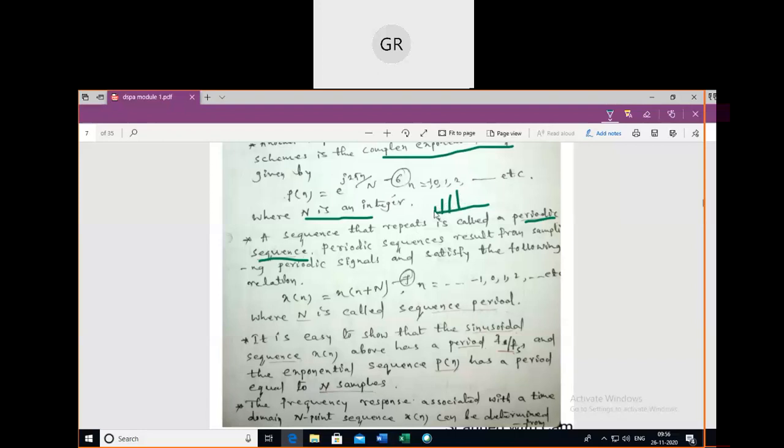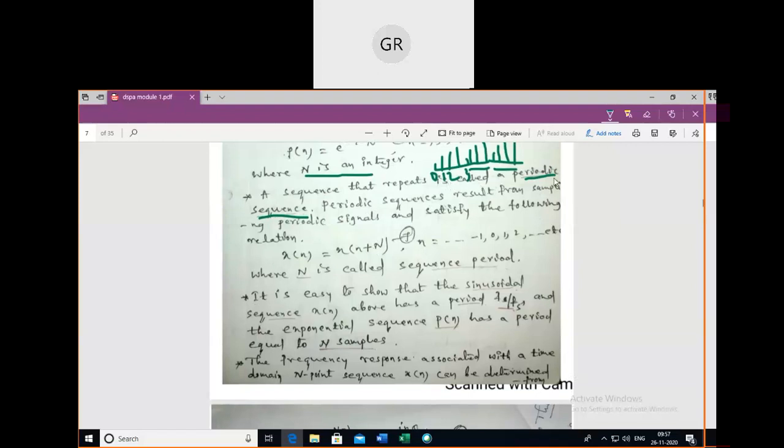Periodic means the same sequence repeats: the next four are the same again, 1, 2, 3, 4, and again the same sequence is repeated. That is called a periodic sequence.